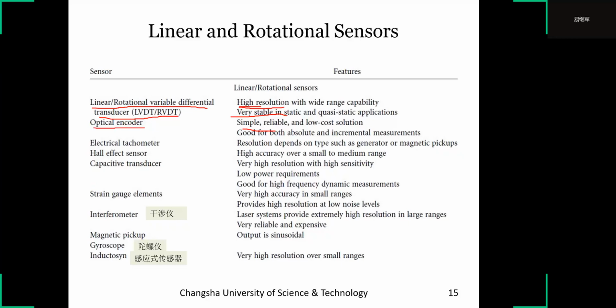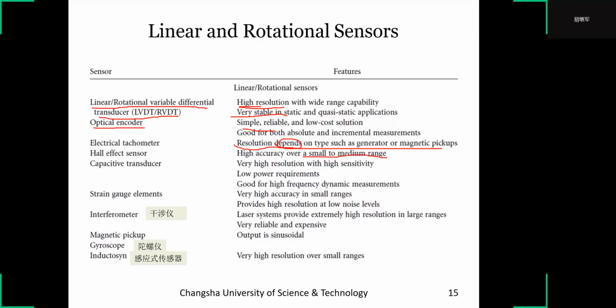The electrical tachometer: resolution depends on the type, such as generator or magnetic pickup. The Hall effect sensor has high accuracy over a small to medium range.